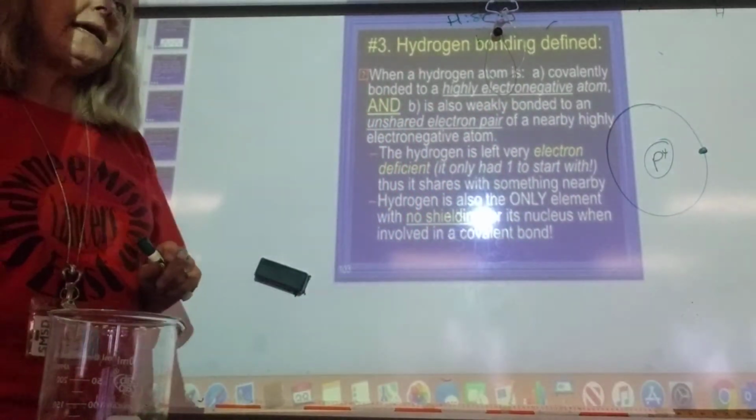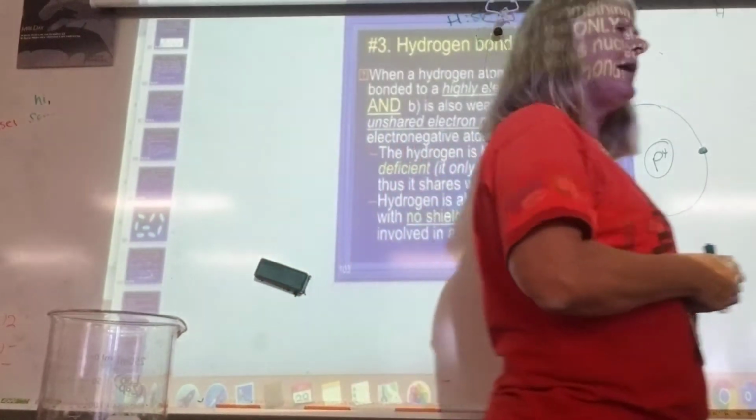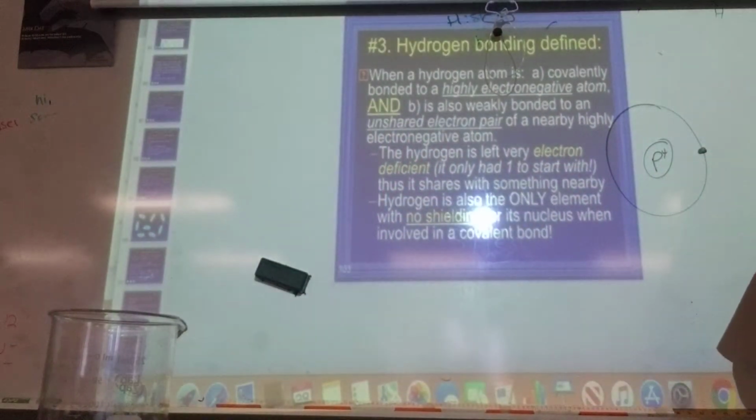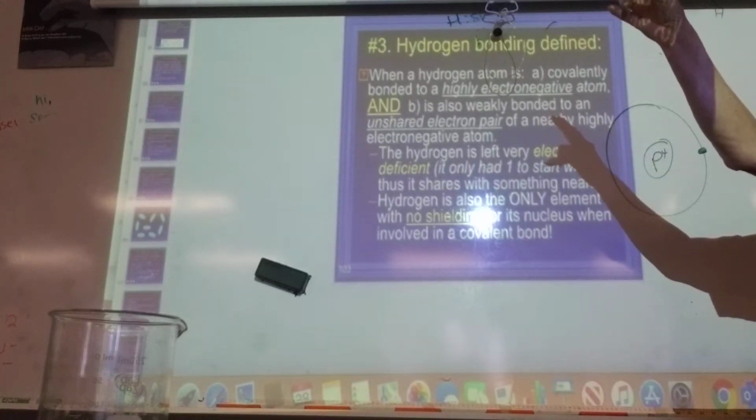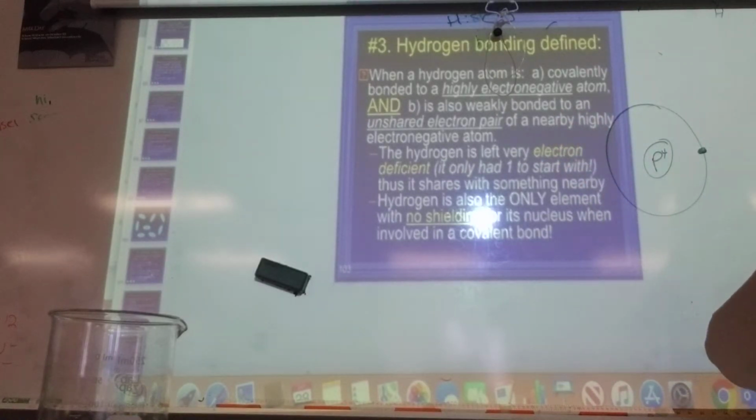What's the only element that can covalently bond when it's isoelectronic with helium? There's only one element that will be isoelectronic with helium. What is it?